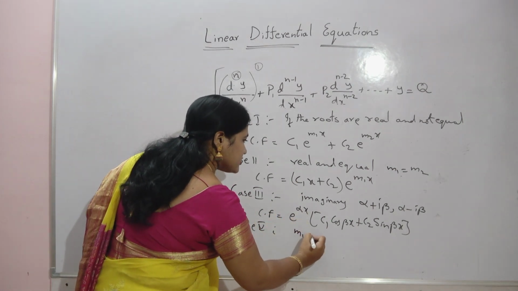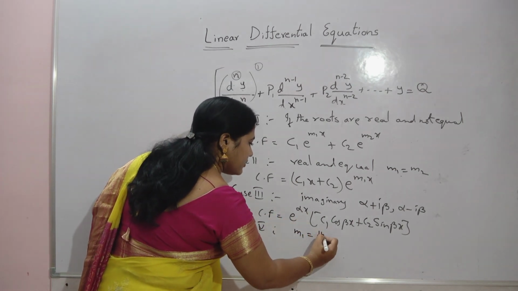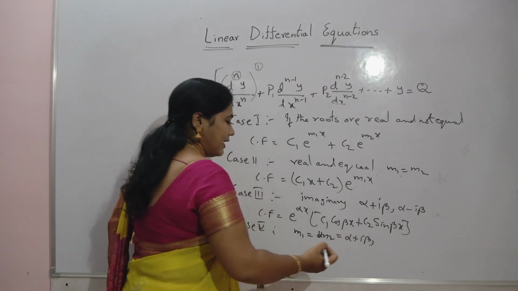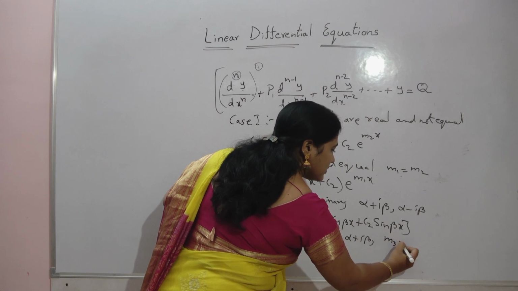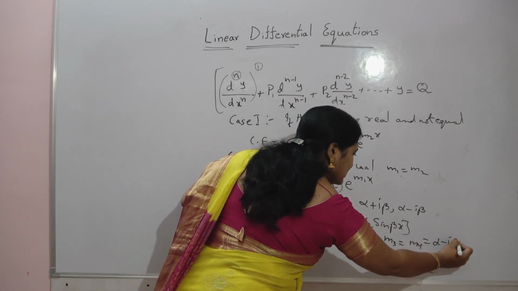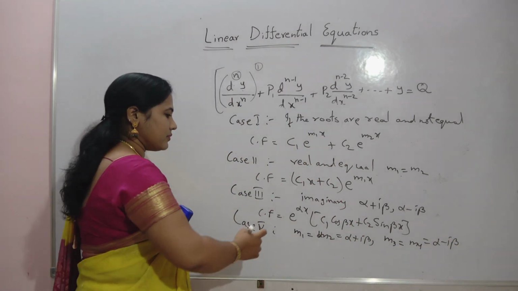So m1 equals m2 equals alpha plus i beta, and m3 equals m4 equals alpha minus i beta.